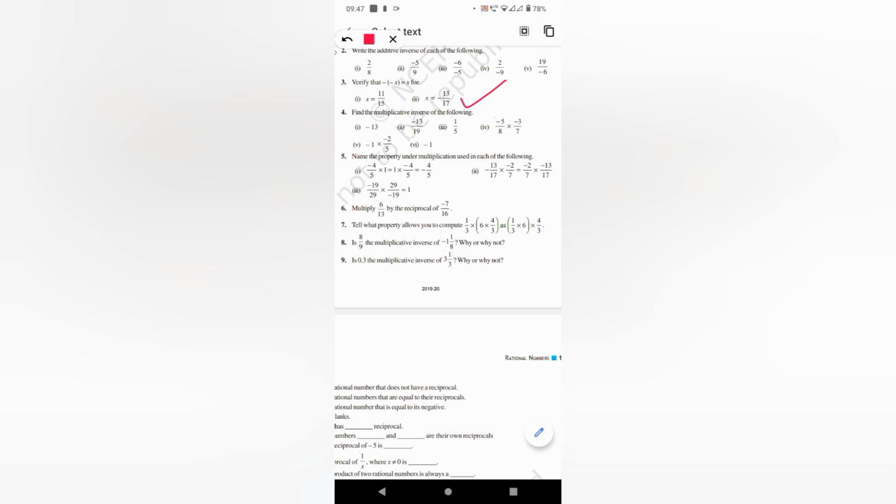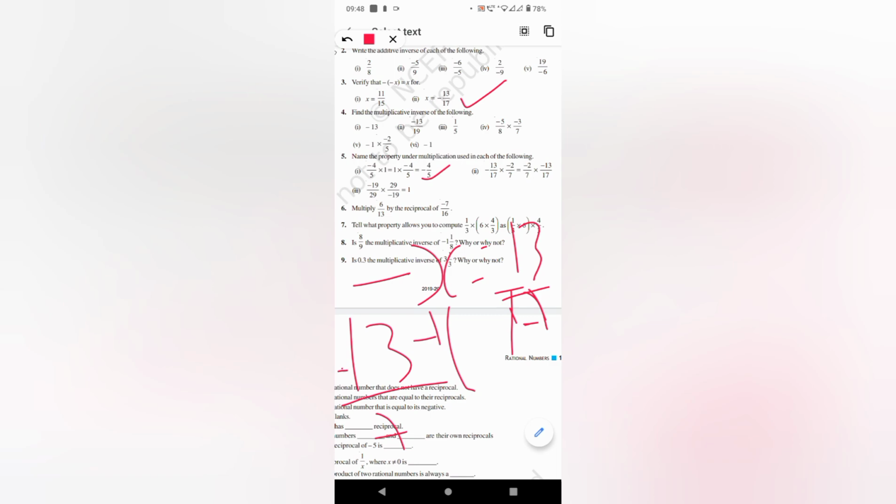What to do? We need to find the additive inverse. So it is minus 13 by 17. So minus x is equal to 13 by 17 because it is negative. In additive inverse, we just make negative to positive and positive to negative. Okay, then minus 13 by 7 added to 13 by 7.